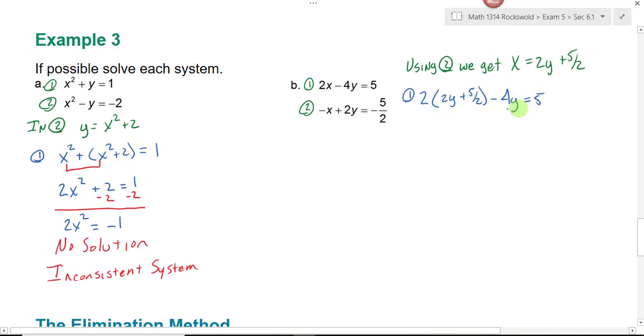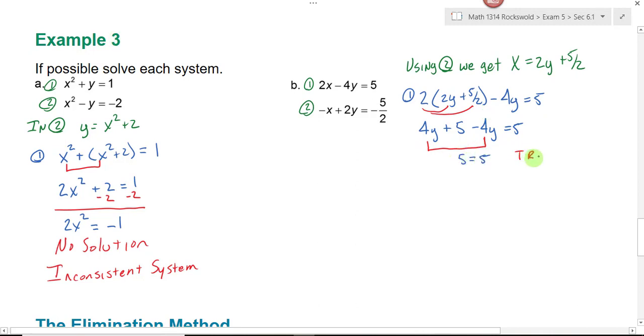Because I have only one variable in one equation, I do stand a chance of being able to solve this. I need to first distribute this 2 across the parentheses, and when I do that, I get 4y plus 5 minus 4y equals 5. I can combine like terms here, and when I do that, I get 5 equals 5.